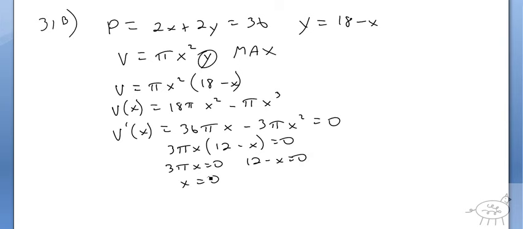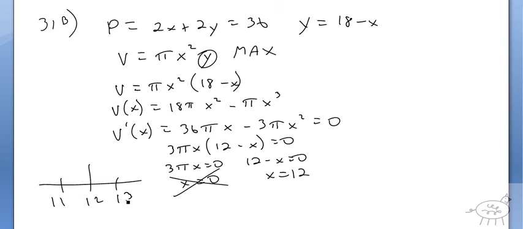So here x equals 0, here x equals 12. Again, I can't have a 0 for an answer. So I check my interval testing here with 12, 11, and 13. I'm trying to maximize it, so I plug it back into the derivative. I get plus and I get minus, so it is a max.